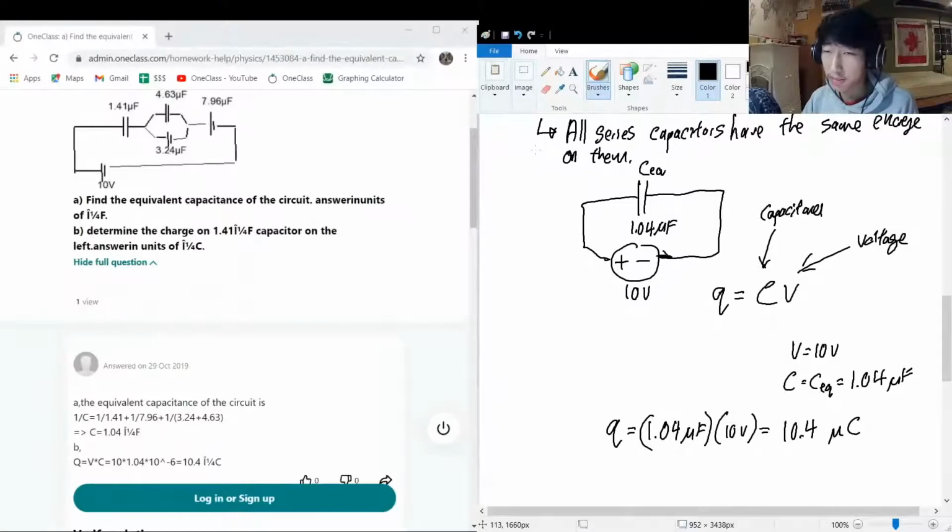All of the series components that make up this equivalent capacitor have the same charge. The two parallel ones will have different charges, but the equivalent between those two has the same charge Q of 10.4 microcoulombs.